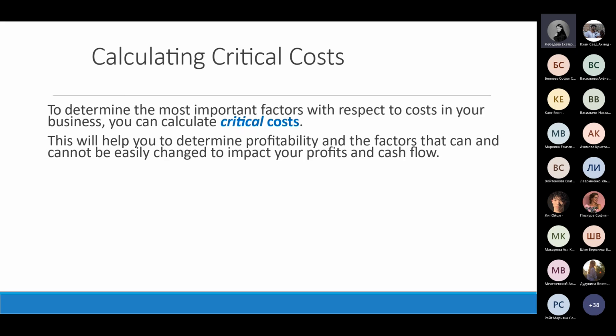If our current expenses, I mean the total cost per unit, would be bigger than the critical cost, our products become unprofitable, and therefore the company is losing the potential income and potential revenues.